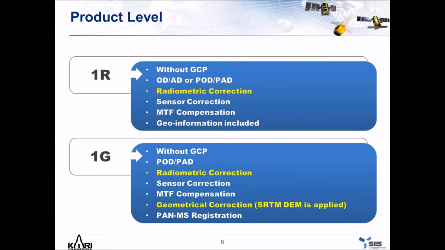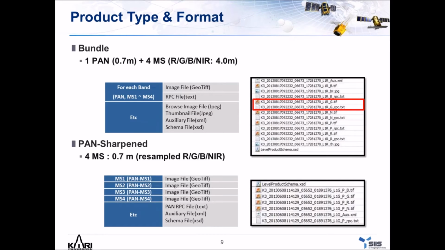The Kompsat-3 standard product levels are 1R and 1G. Level 1R is for a radiometrically corrected product, and level 1G is for a geometrically corrected product. SRTM DEM is applied during level 1G processing. And all products will be provided in GeoTIFF format.